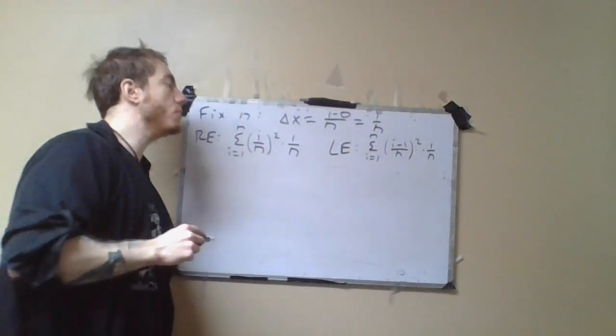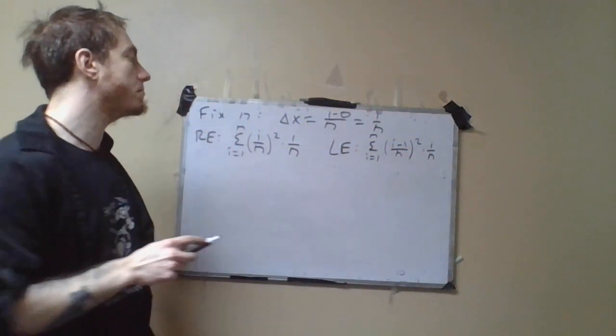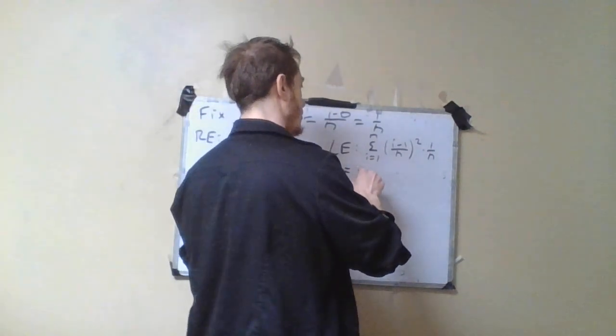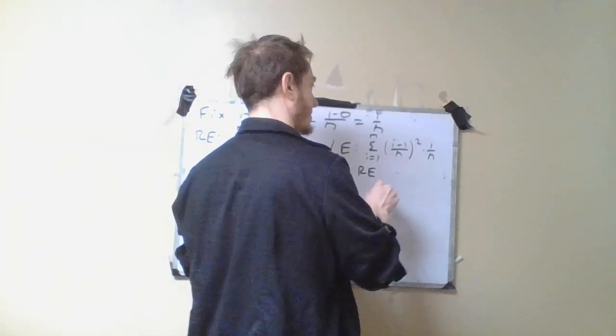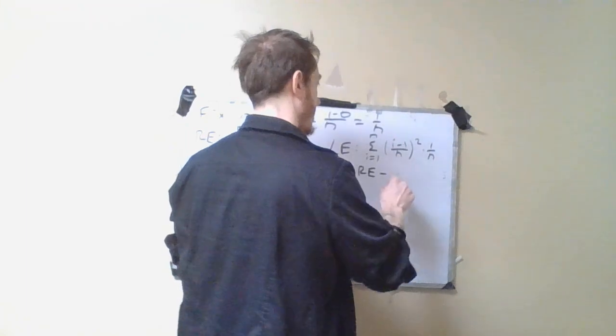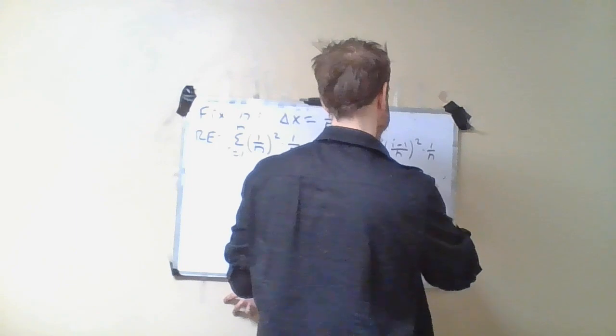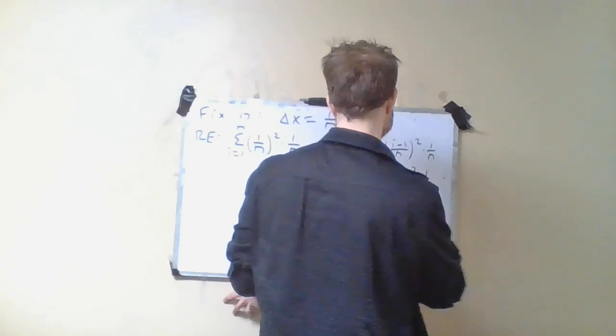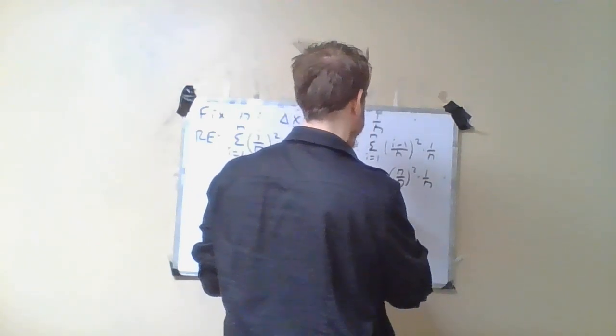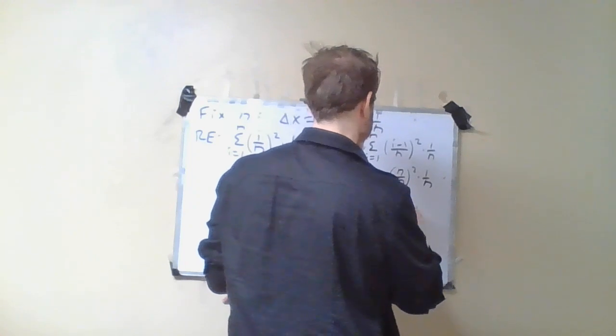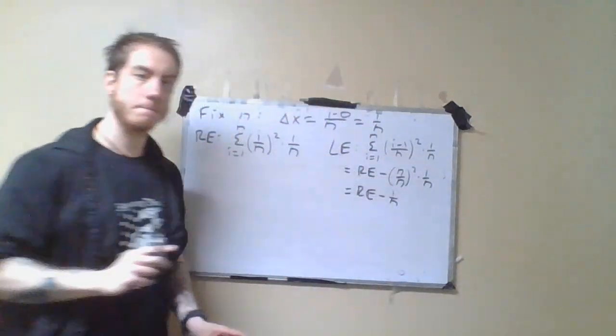Now, you'll notice actually that the left endpoints are equal to the right endpoints minus n over n squared times 1 over n. So it's equal to the right endpoints minus 1 over n.